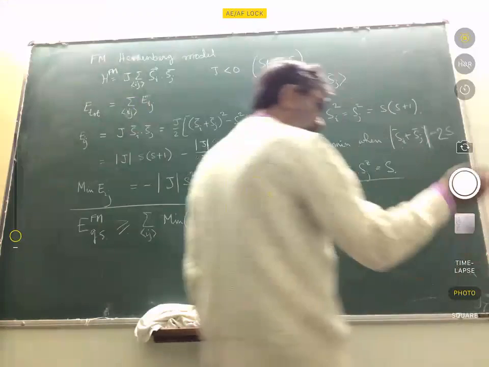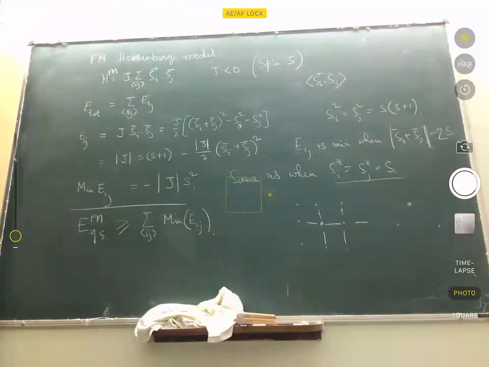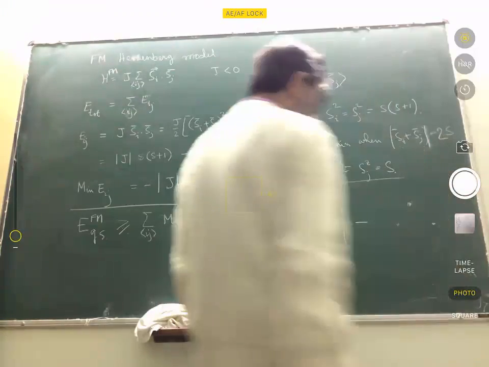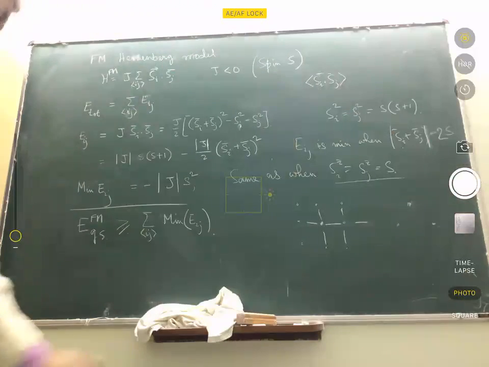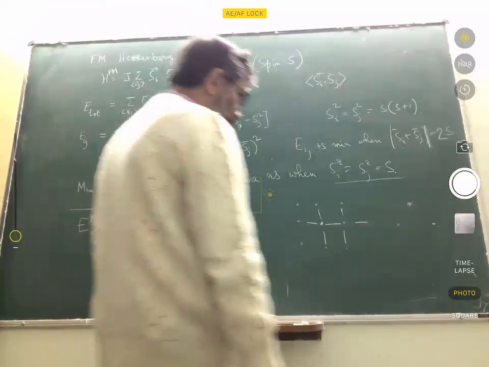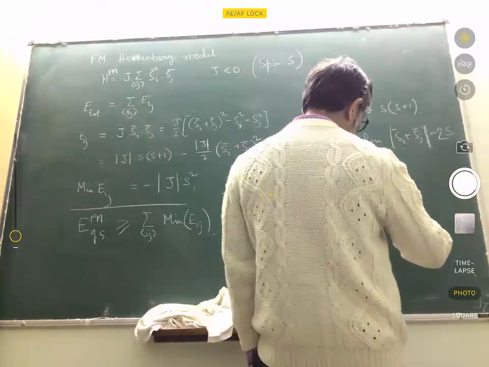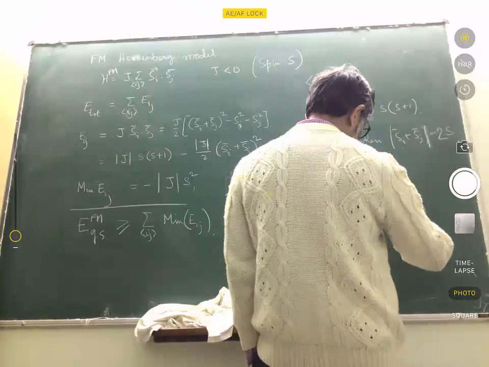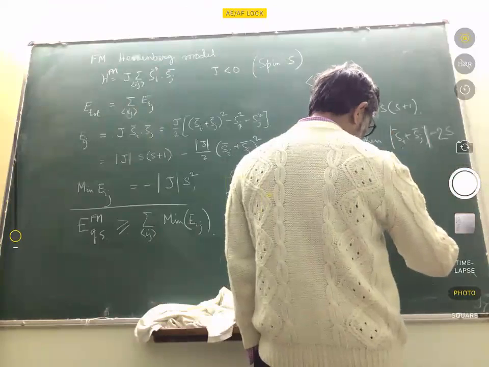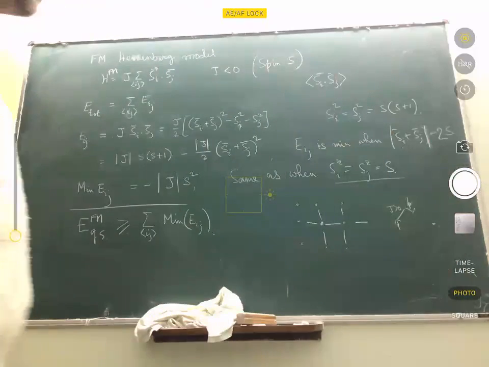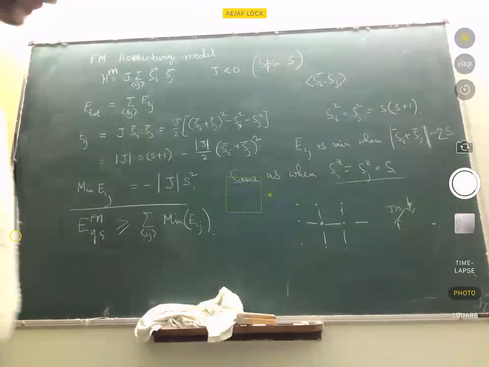You could have, for example, spin half objects on a triangle. I'm not even saying triangular lattice. Just let us think of 3 vertices of the triangle. And suppose the interaction is antiferromagnetic. So this J is greater than 0. So that if this is up and this is down, the interaction is minimized.